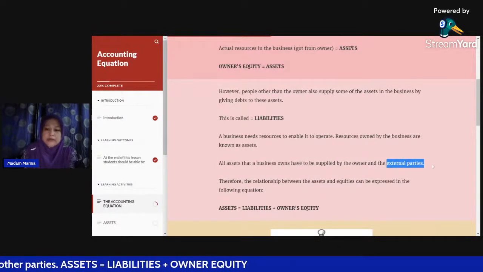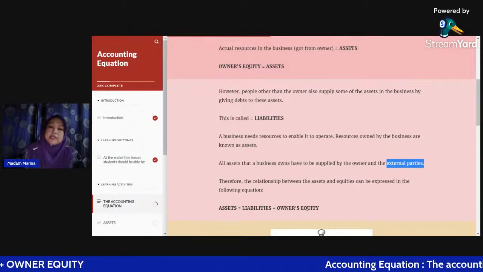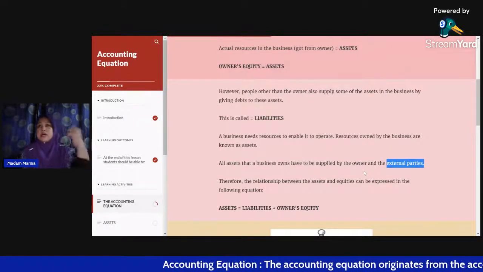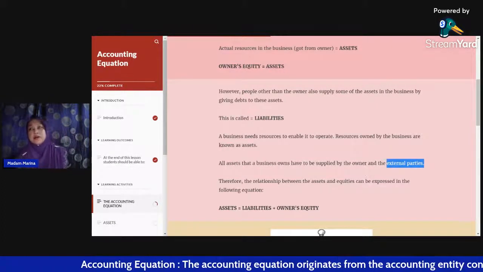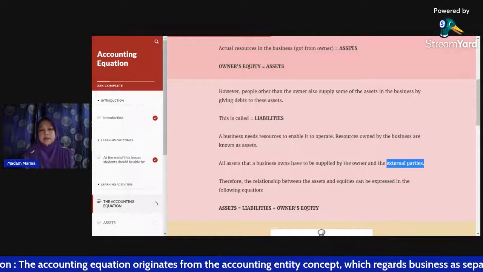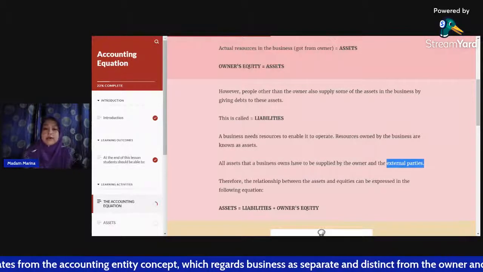Examples of external parties may be financial intermediaries or financial institutions like commercial banks, or other institutions, for example Mara and Tekun, that will provide a loan or business financing for that business.